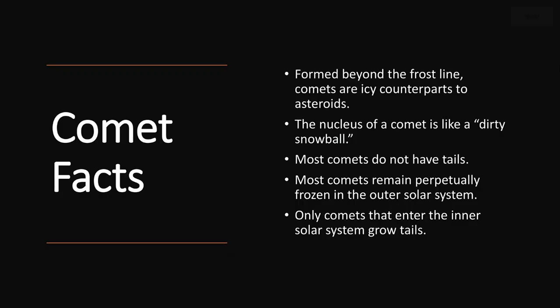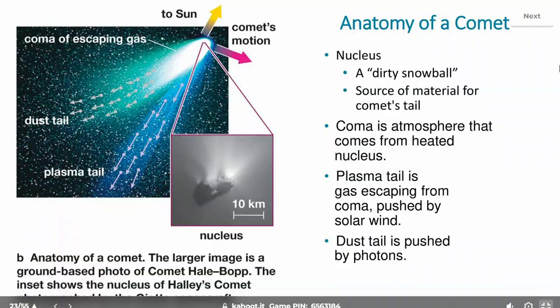So it'll be ice, but also little bits of rock. Usually they will not have a tail, and only when they get closer to the sun will they start to grow a tail. But for the majority of a comet's life cycle, it will be in the outer part of the solar system, not close to the sun.